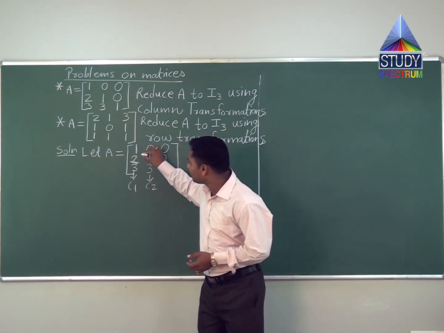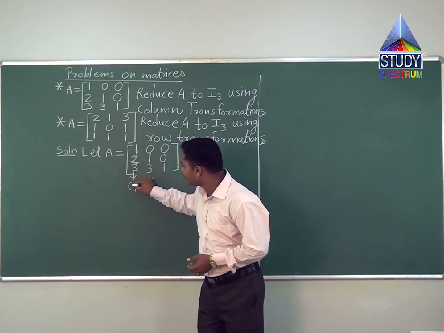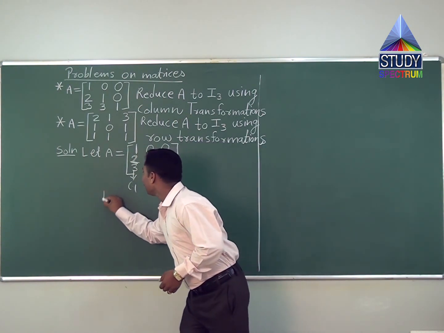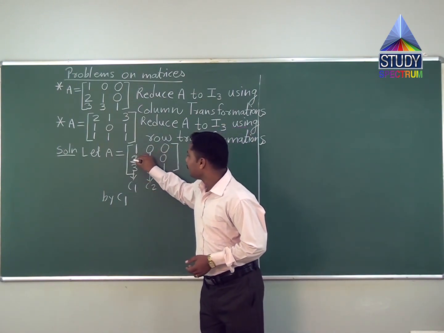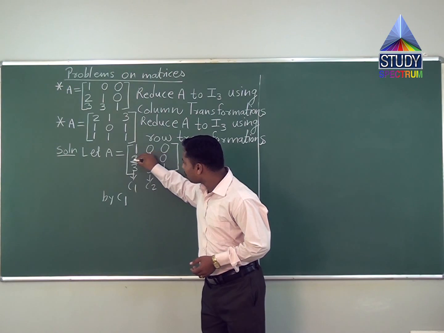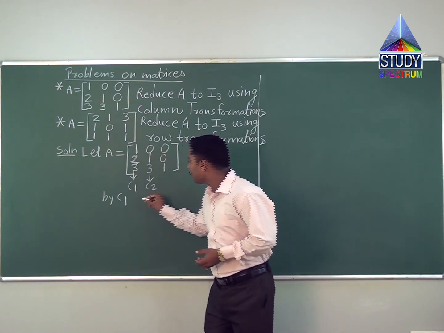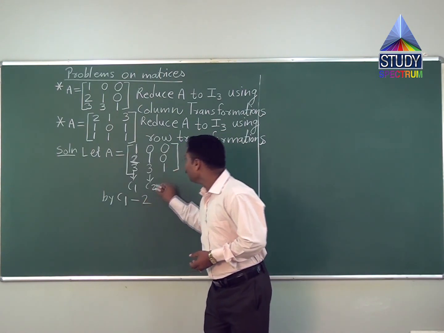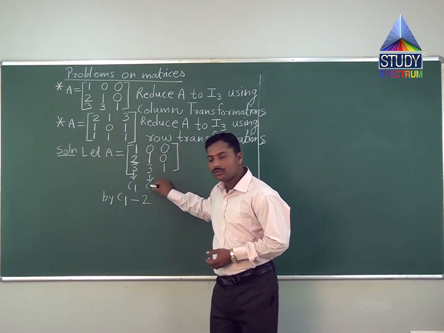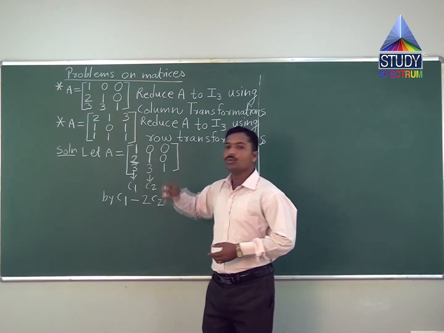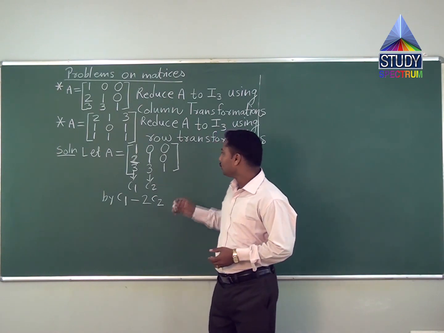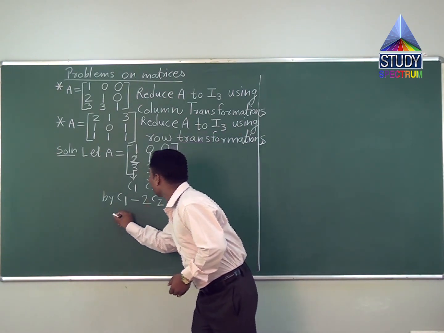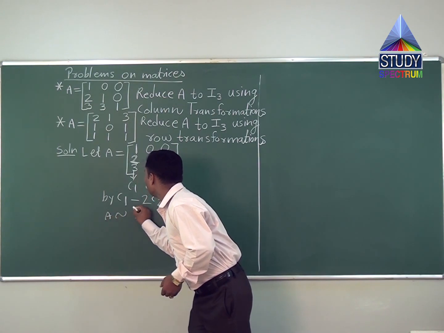We want to make this number 0 using C1. If we multiply this number here, 2 and 2, 2 minus 2 is 0, so we do C1 minus 2 C2.